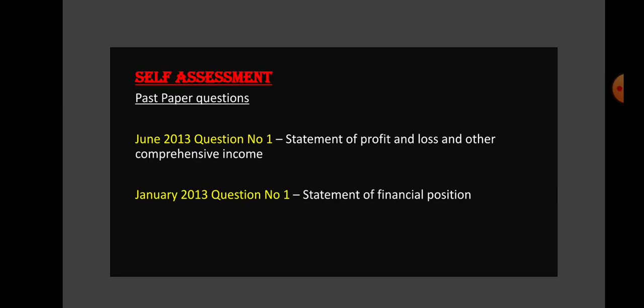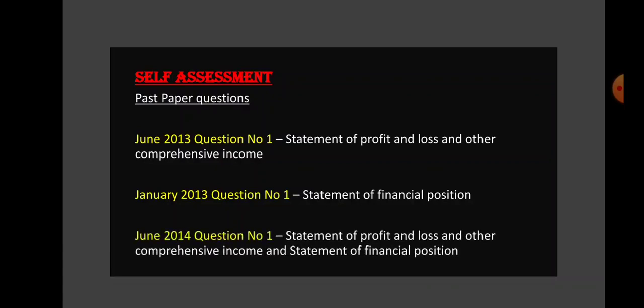It is about the statement of financial position, where you had to identify the items as non-current assets, current assets, equity, current liability or non-current liability. Then there is one more question in June 2014 where they have asked you to prepare both the statements. So you can just refer, identify, classify, if possible prepare the statements, and check to what extent you have understood.